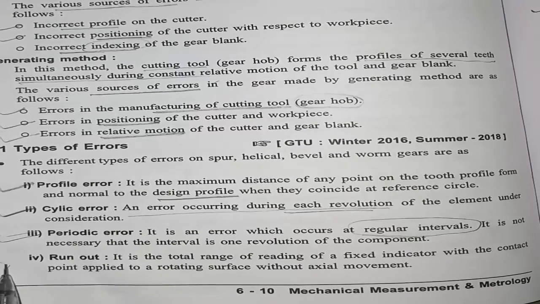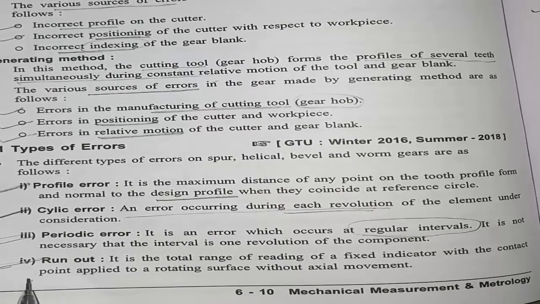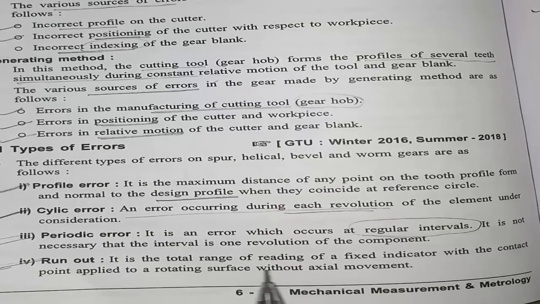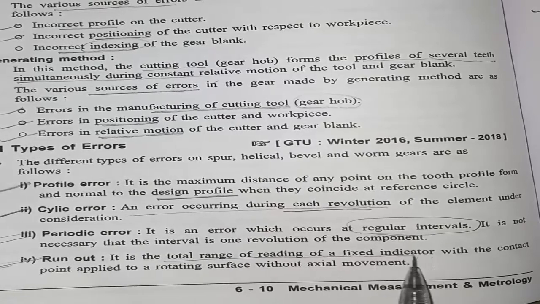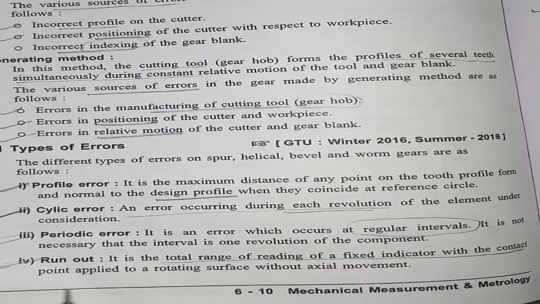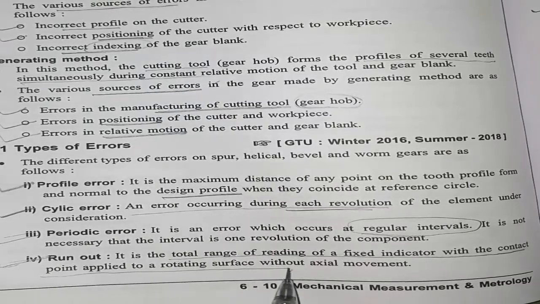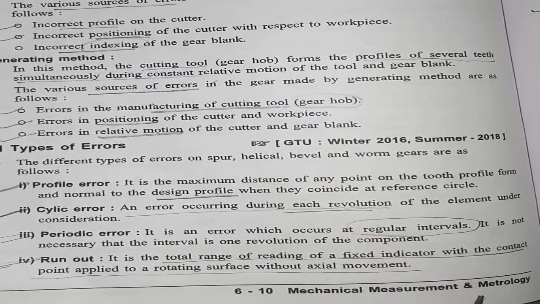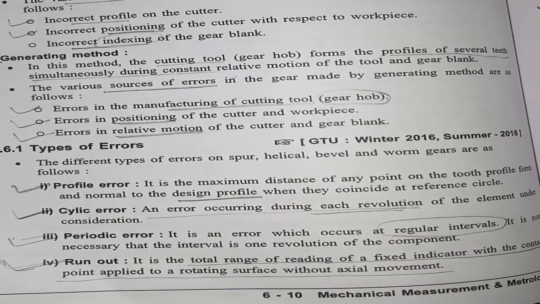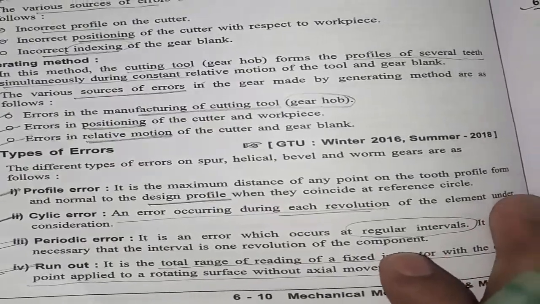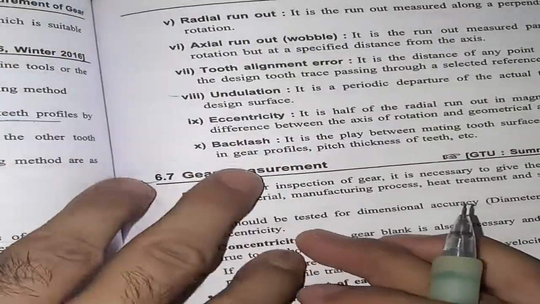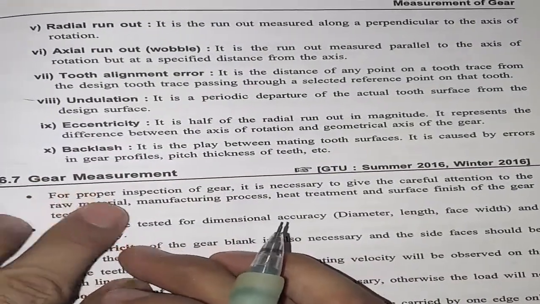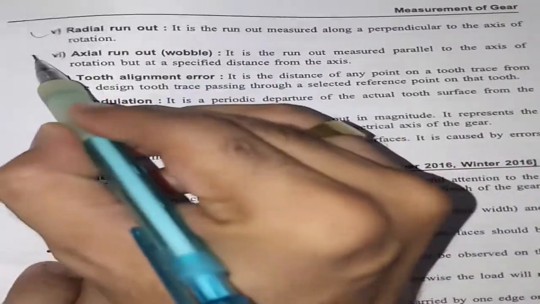Next is run out. Run out is the total range of reading of a fixed indicator with the contact point applied to the rotating surface without axial movement. We have two types of run out: radial run out and axial run out.